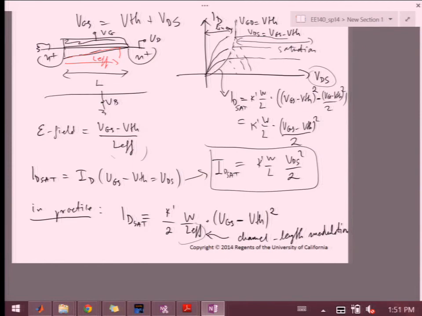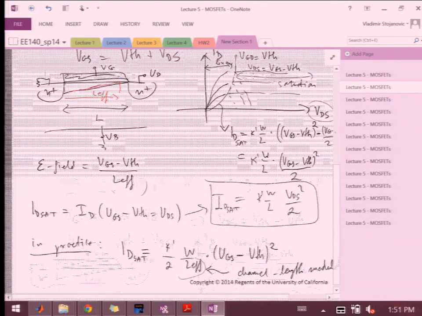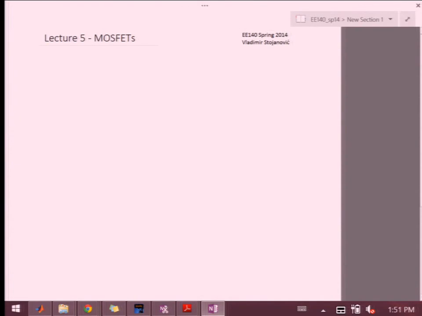So here, similarly, if I'm increasing VD, I'm going to be getting a lot of field across that junction, and then I'm going to be pinching the channel more. And so this L effective will decrease. And so I can model that by looking at a change in ID as a change in this VDS voltage, right?